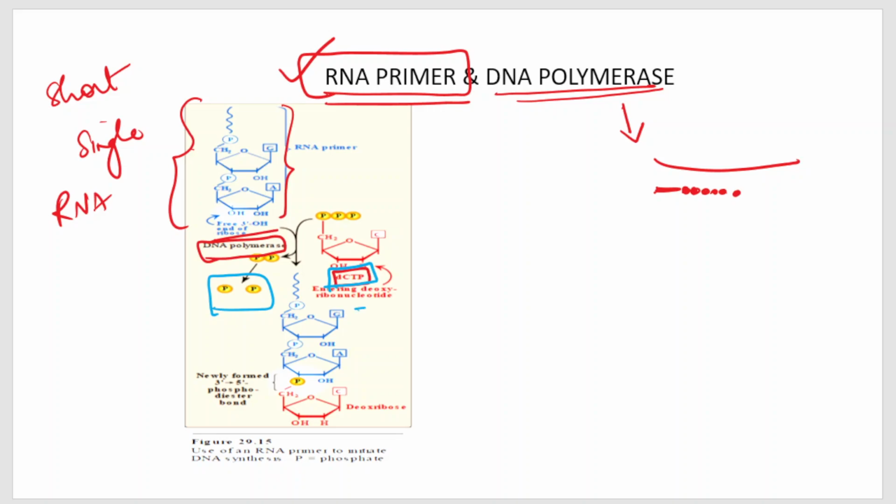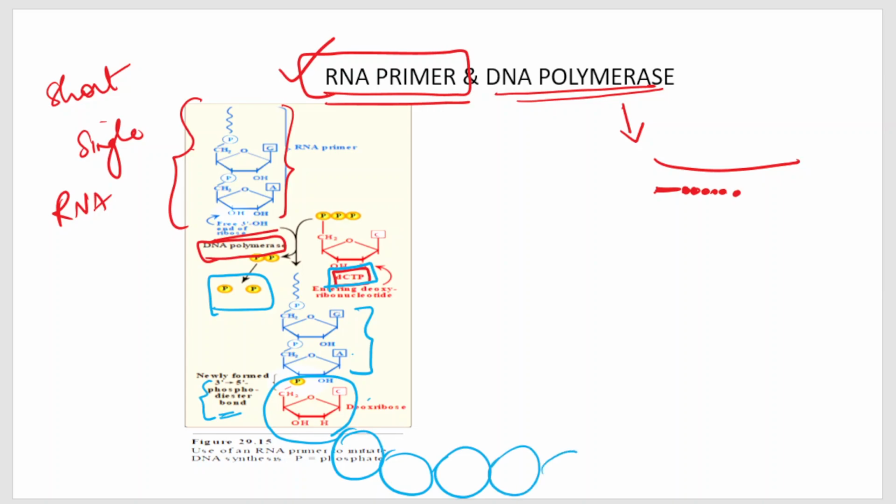So this is the RNA primer. To the RNA primer, one deoxynucleotide has been attached. A new 3' 5' phosphodiester bond is being created and one nucleotide is being attached to this RNA primer. Further to this nucleotide, with the help of DNA polymerase, further nucleotides can be attached.